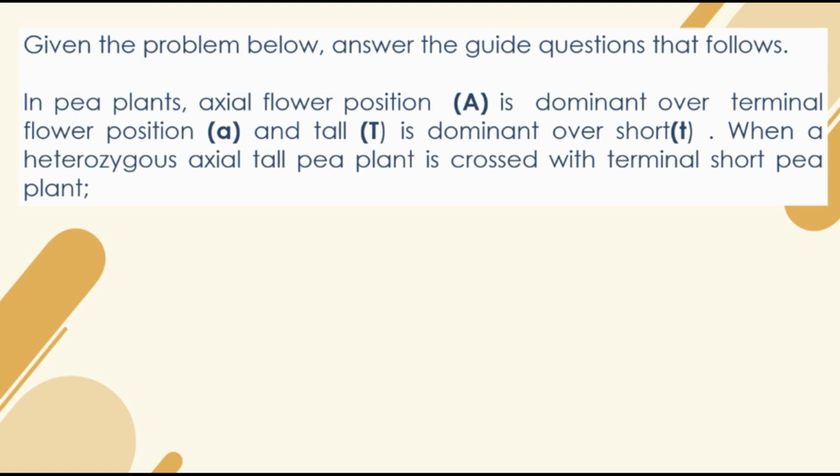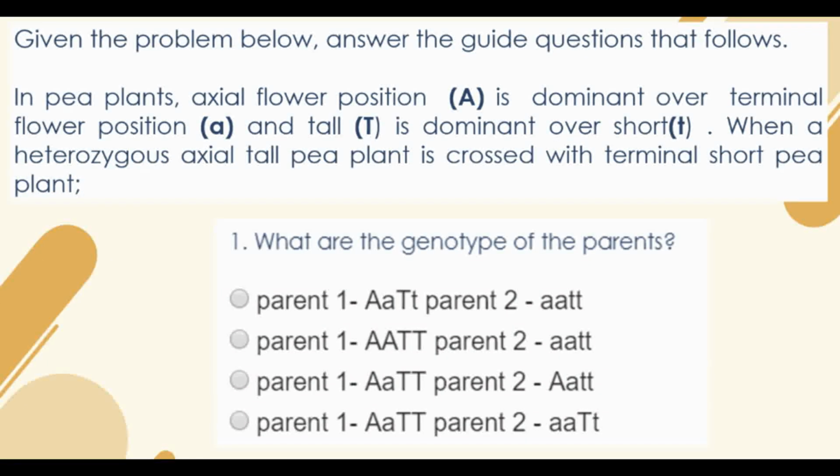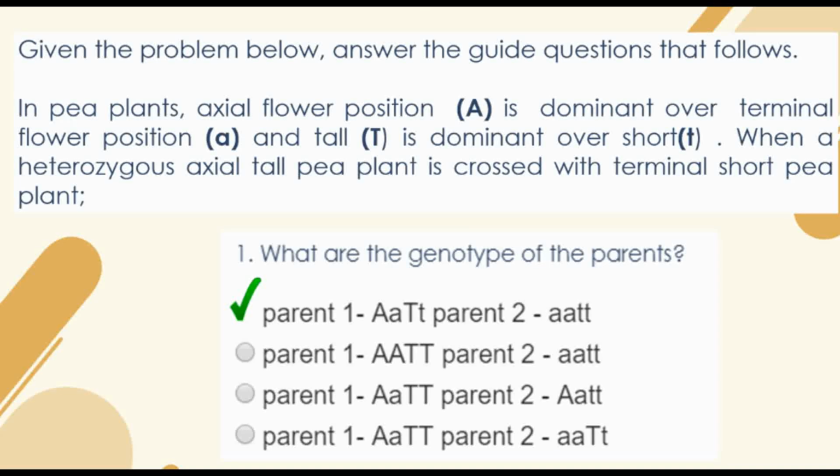For the second parent, the traits terminal and short refer to the recessive characteristics. Although the problem does not explicitly use the term homozygous, the inference that terminal and short are recessive traits, which can only be expressed phenotypically when homozygous, suggests that the genotype of the second parent is small a, small a, small t, small t.